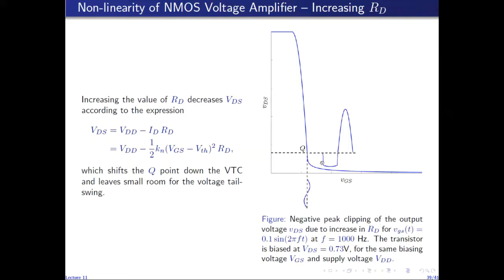This effect is manifested by the clipping of the negative peak. Here please note that we haven't changed the DC input biasing voltage, and we are using the same VDD. The only difference is that we have increased the value of RD, which has shifted the Q point downwards and resulted in the clipping of the negative peak of the output voltage.